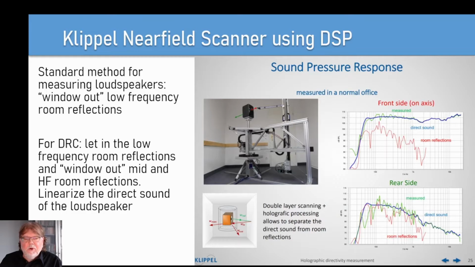And so we're only linearizing the direct sound of the loudspeaker. I think this is a very important point that goes overlooked when talking about digital room correction systems. And since the Klippel near-field scanner can use DSP to window out reflections, so can digital room correction systems, and this is what we're going to be talking about here shortly.